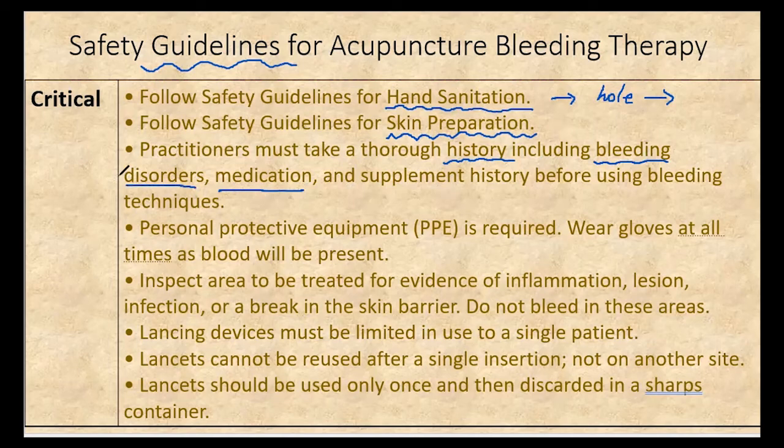Even some supplements may easily cause bleeding. So generally just ask the patient, do you very easily get bleeding? That kind of patient, we need to be careful. Or maybe they use blood thinner kind of medication. We need to be careful.